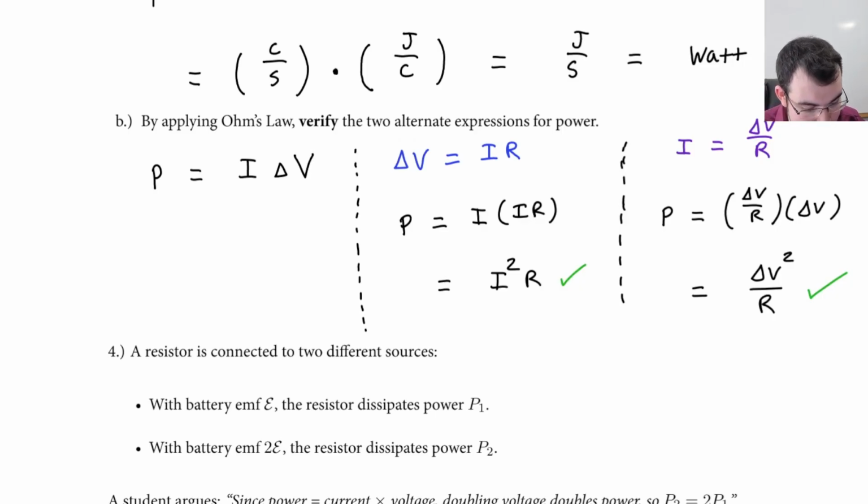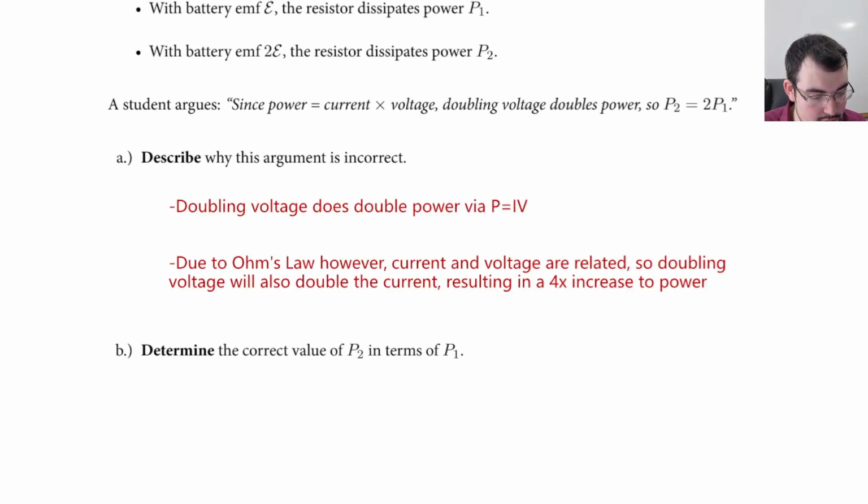So what really happens is, yes, you double the voltage, but doubling the voltage also doubles the current by Ohm's law. So they missed an extra 2. Doubling voltage does double power via P equals IV, that is totally true. But due to Ohm's law, current and voltage are related, so doubling voltage also doubles the current, resulting in a 4x increase.